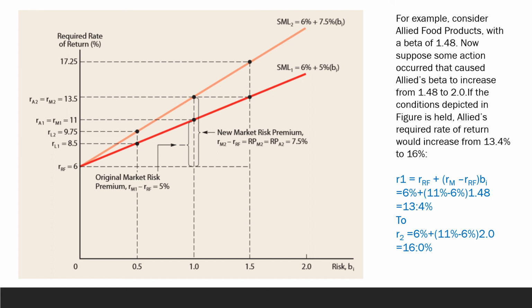R1, then your required rate of return is RF plus RM minus RF times the volatility of the stock. So if the stock value changes, it gets factored in to change your required rate of return. If the stock value increases, then your required rate of return decreases, and so on and so forth.